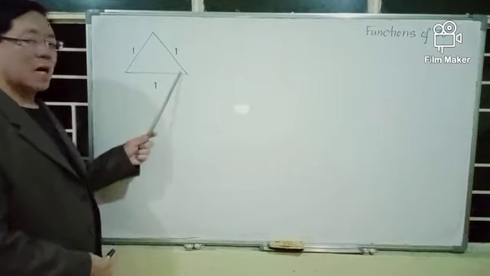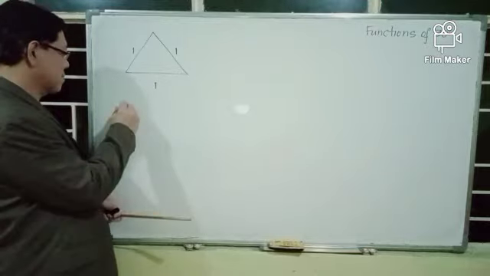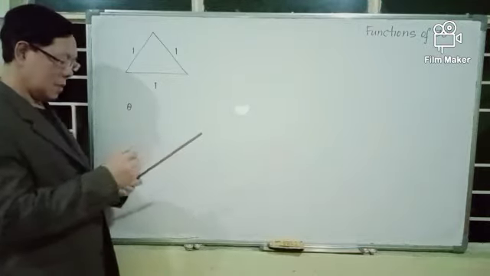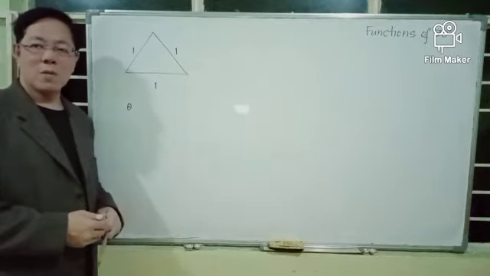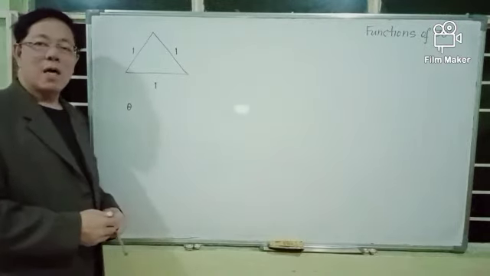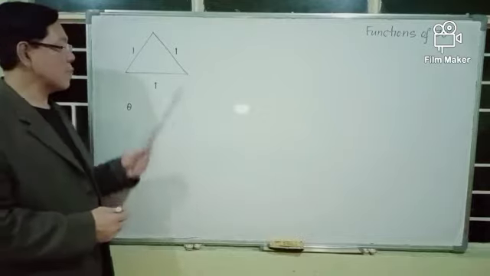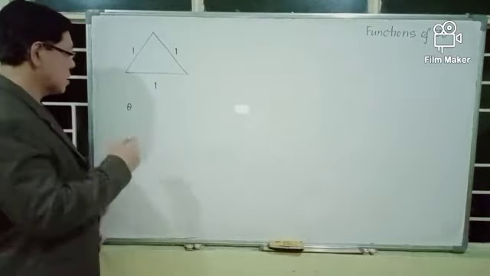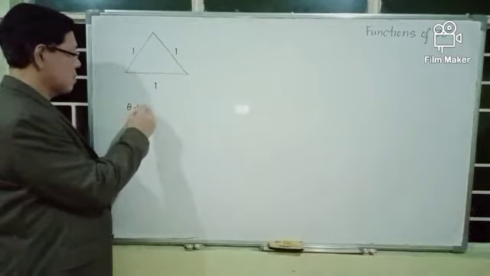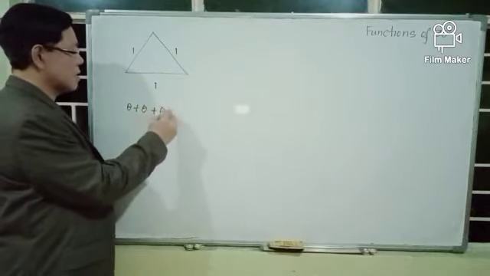If we denote this angle by theta, then these two angles are also theta because they are congruent, they have the same measure. And by the triangle sum theorem, if we add these three angles denoted by theta, we get theta plus theta plus theta.